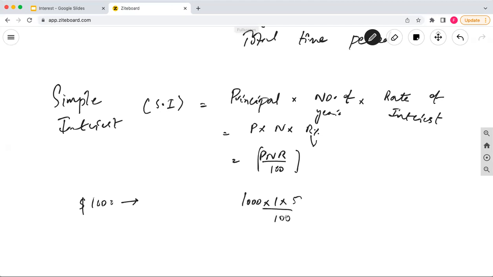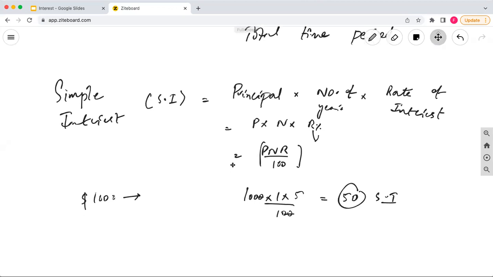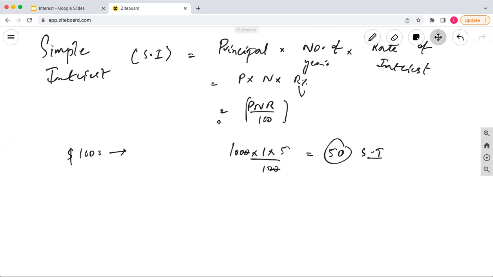Dividing by 100, this will be 50, right? So this is the simple interest, which is calculated. And remember one thing: simple interest is always calculated on the principal amount, right? So if the question asks for the simple interest, this is very simple. You can simply use this formula.